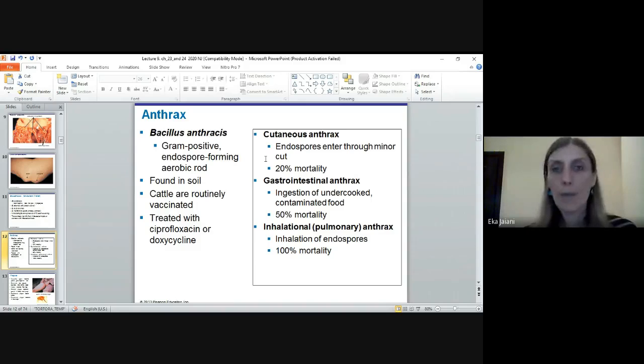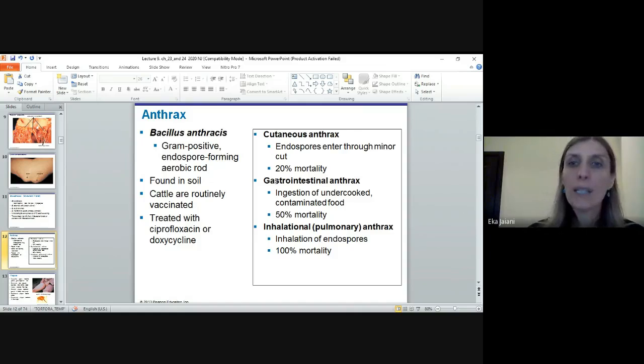The bacterium enters the skin and multiplies, so grows locally, and produces a specific black scar, black eschar. This is an ulcer. And if this bacterium spreads systemically, it can lead to 20% mortality.